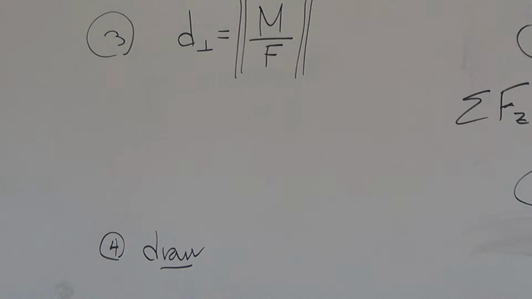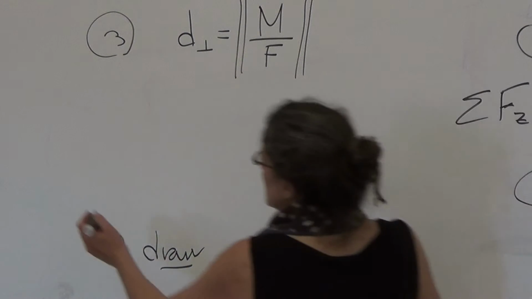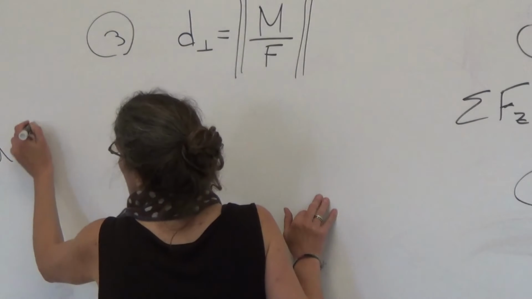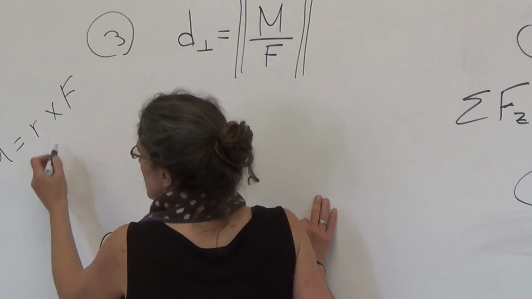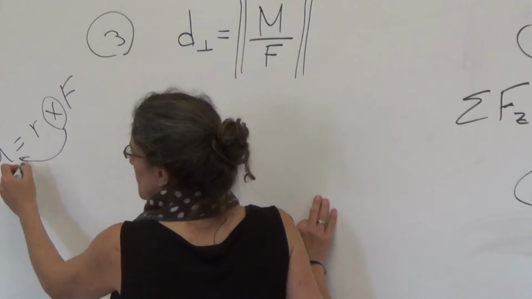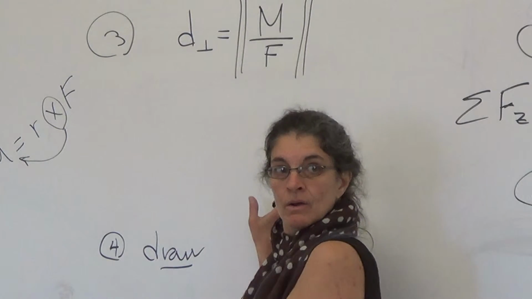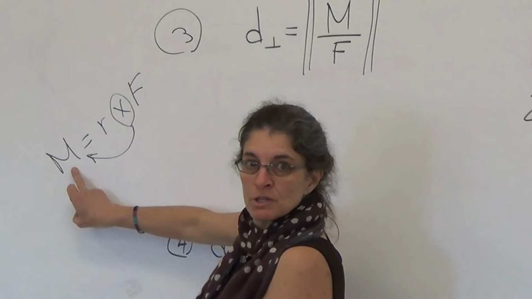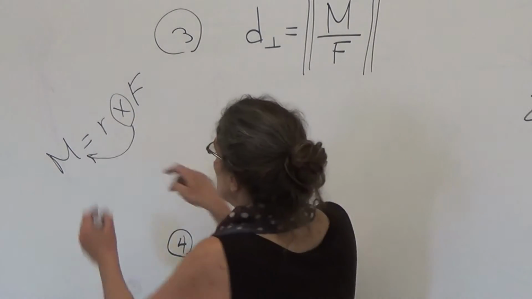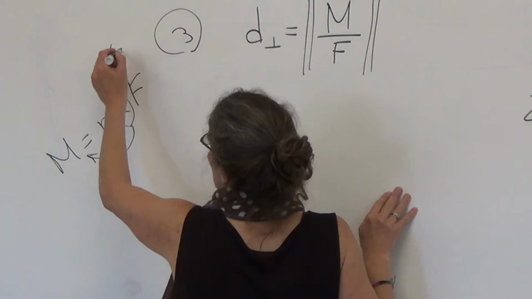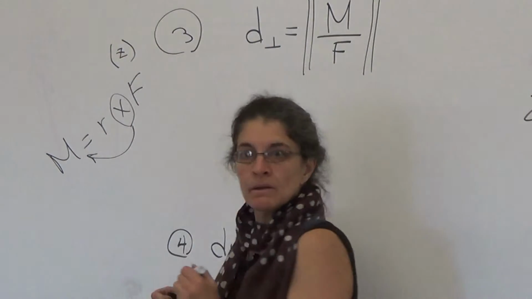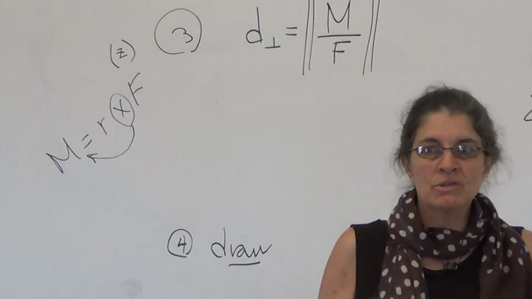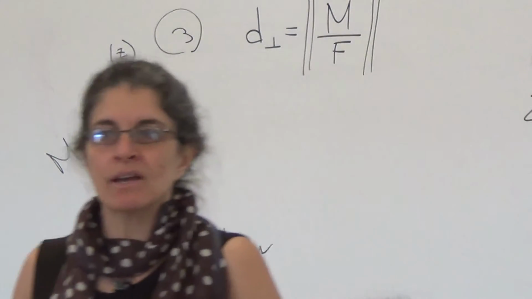Remember the moment is equal to r cross F, and the definition of the cross product gives you a vector that's perpendicular to these. We already know the force is in the z, right? Okay, I'm trying to give you hints. Isaac, you want to try again?